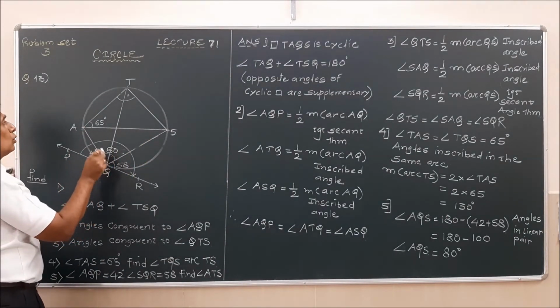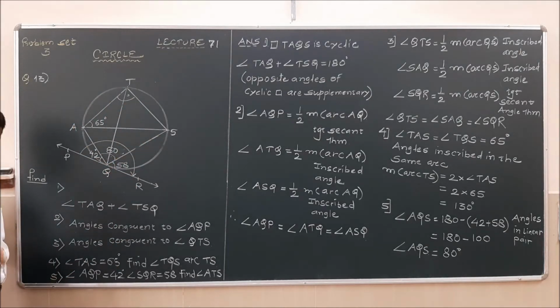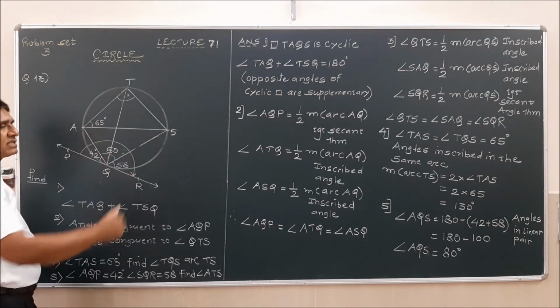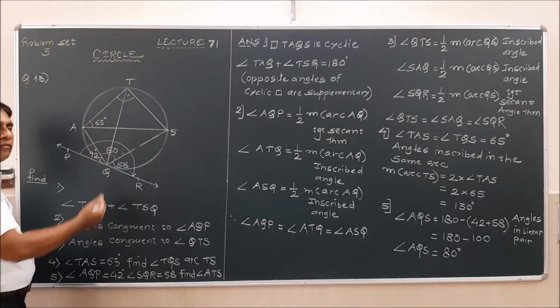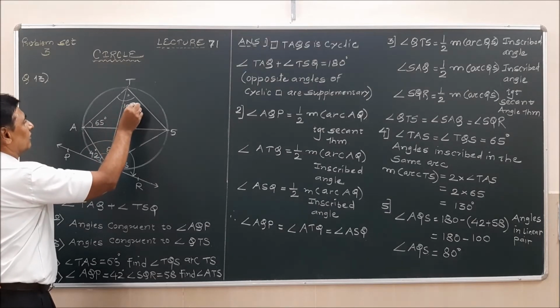But angle ATS and angle AQS are supplementary. Why are they supplementary? Because quadrilateral ATSQ is cyclic, and opposite angles of a cyclic quadrilateral are always supplementary. If this is 80, this has to be 100.